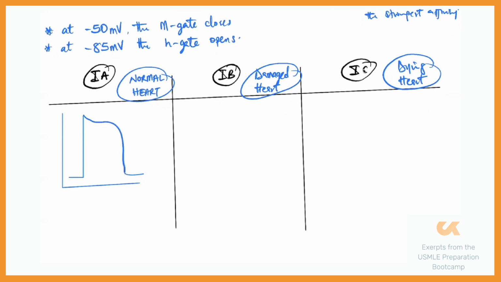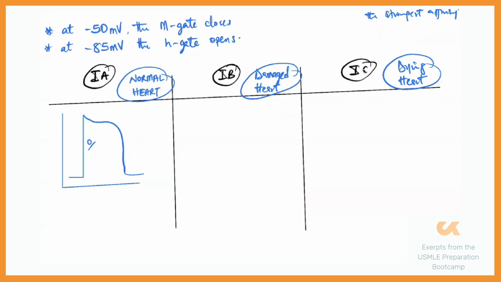We saw that graph for our myocardial action potential. And we had said that phase 0 is due to sodium influx into the cell during depolarization.